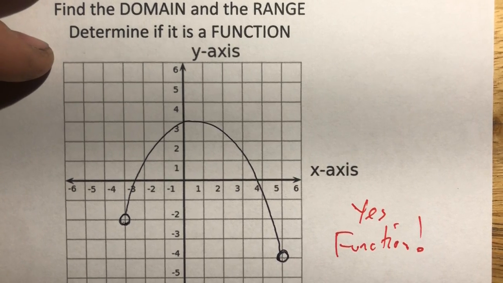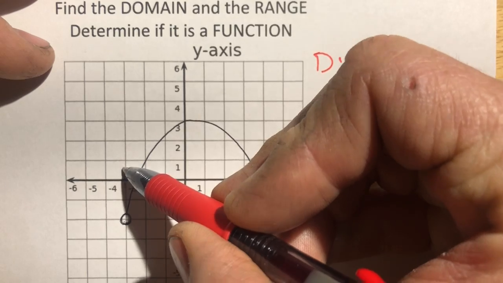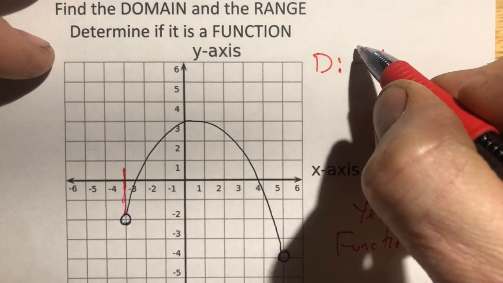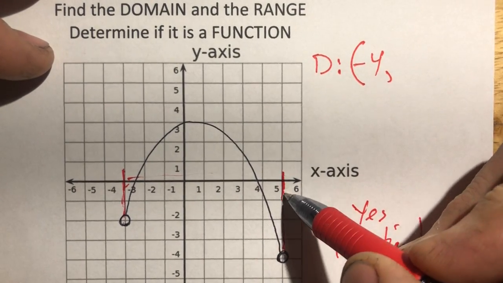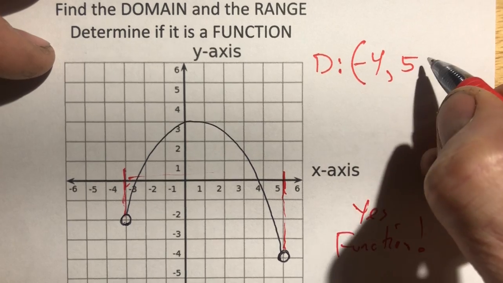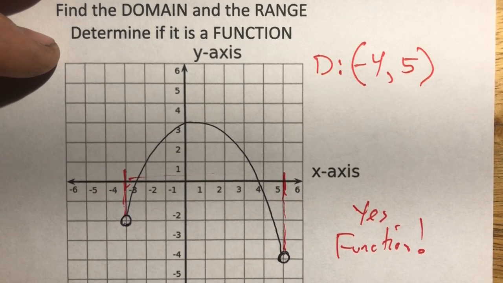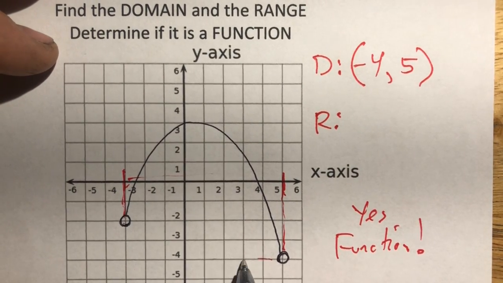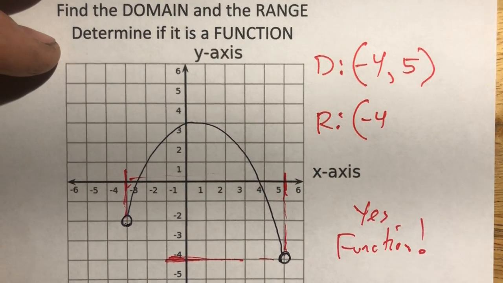Now, what's the domain? So my domain, the furthest to the left it goes is right here at -4, and it's not included, so I put a parenthesis. The furthest to the right it goes is right here at 5, and it's not included, so I put a parenthesis. So that's my domain. What's my range? All right, the furthest down it goes is right here, -4, and it's not included, so I put a parenthesis.